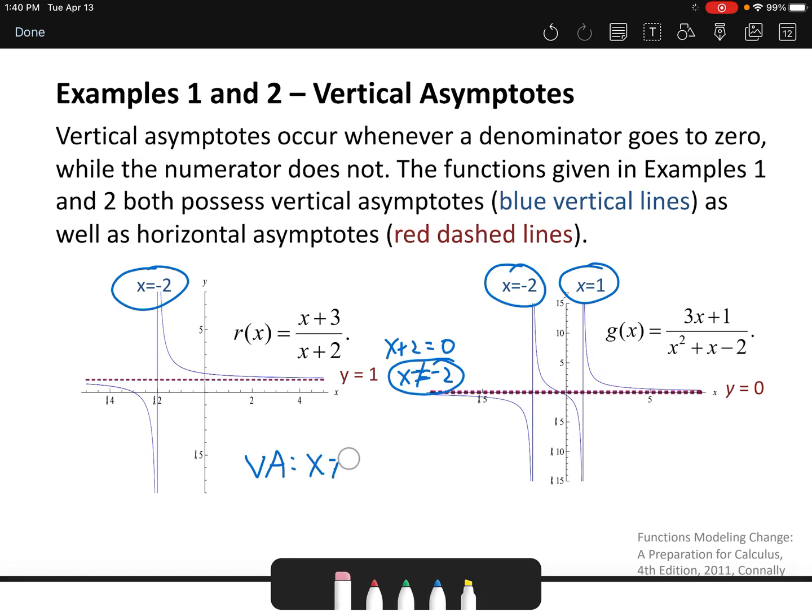So one of the vertical asymptotes is −2. Now this one, you'd have to factor on g of x. That would be (x + 2)(x − 1) = 0, so x cannot be −2, and x cannot be positive 1, so it's 1 and −2. So that's how we find the vertical asymptotes.